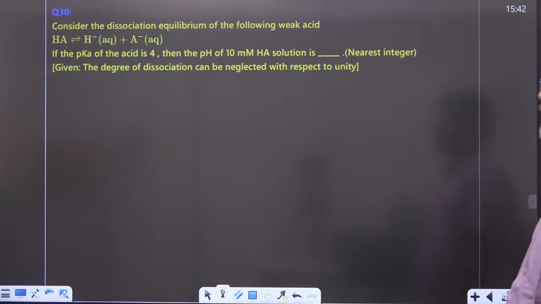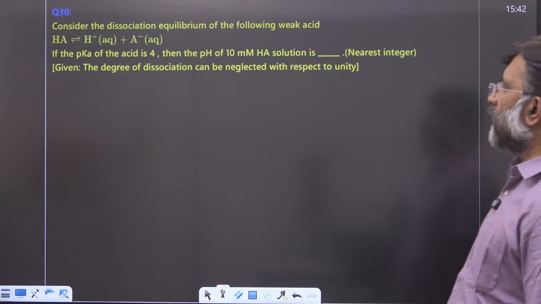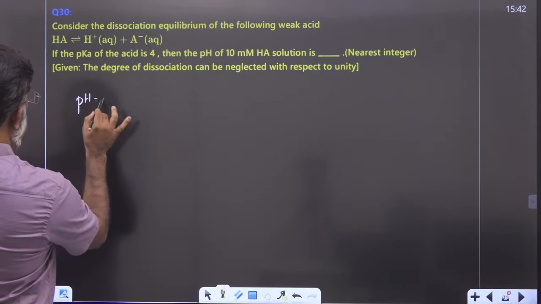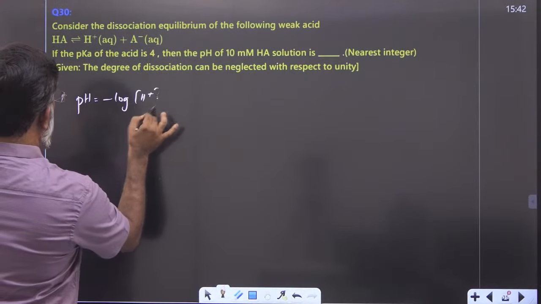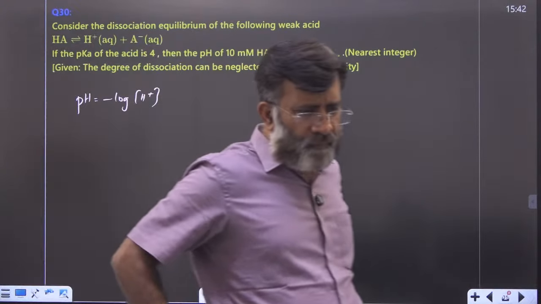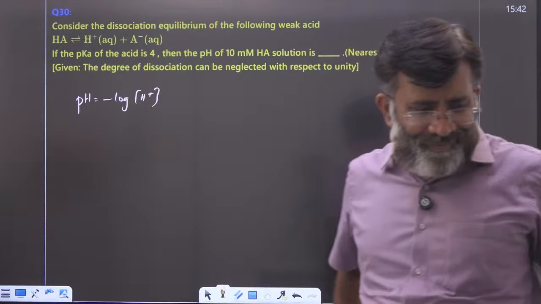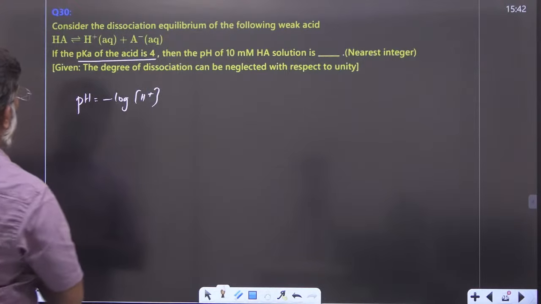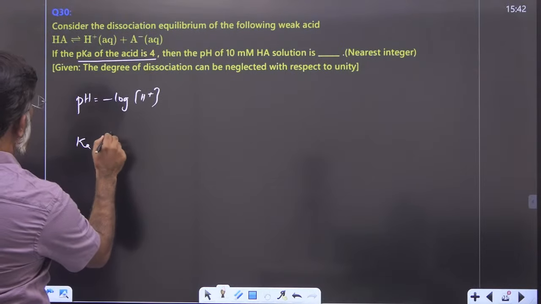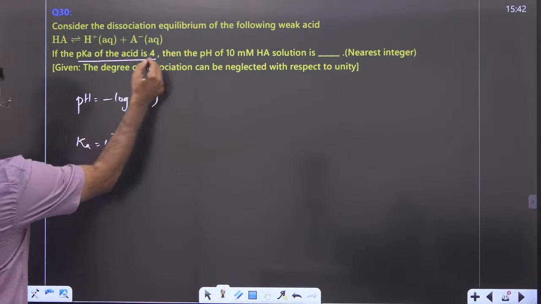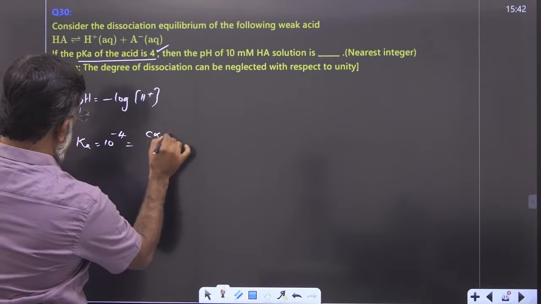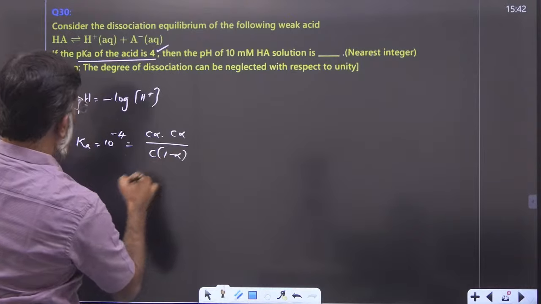If pKa of the acid is 4, then the pH of a 10 millimolar HA solution is nearly. pH is the negative logarithm of H plus concentration. pKa is given as 4, therefore Ka equals 10 power minus 4, equal to C alpha into C into 1 minus alpha.